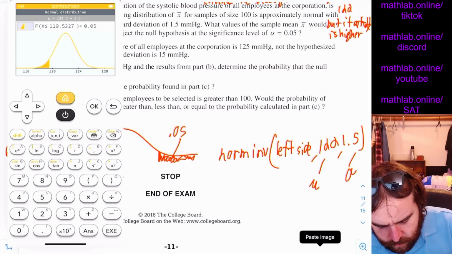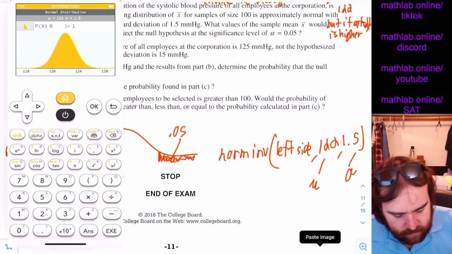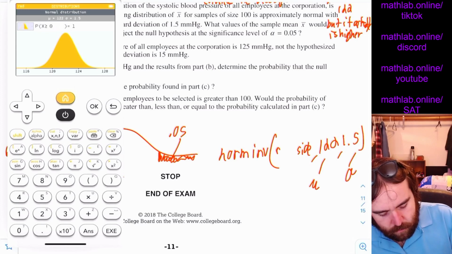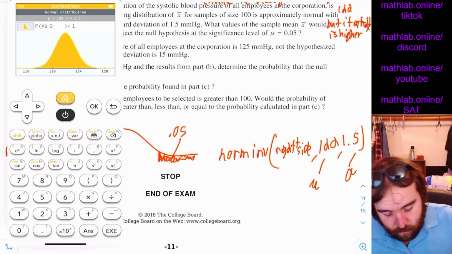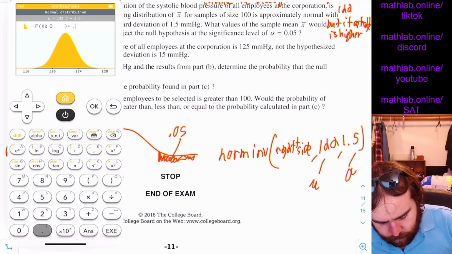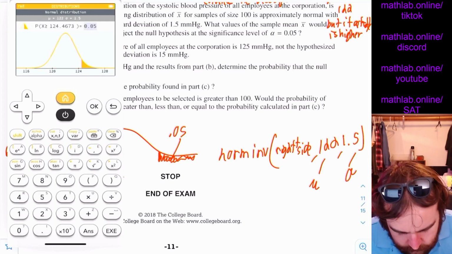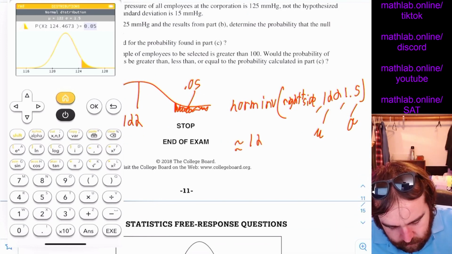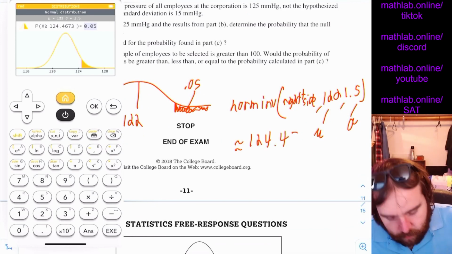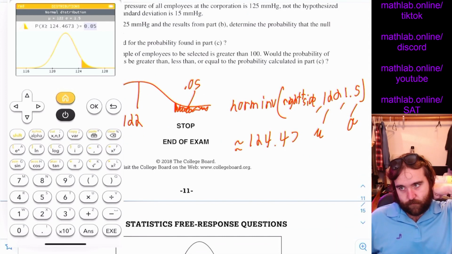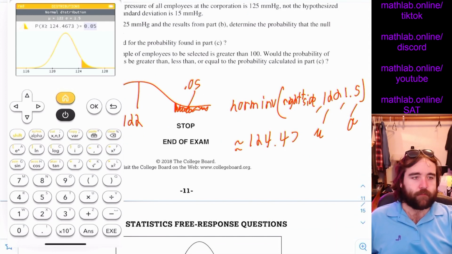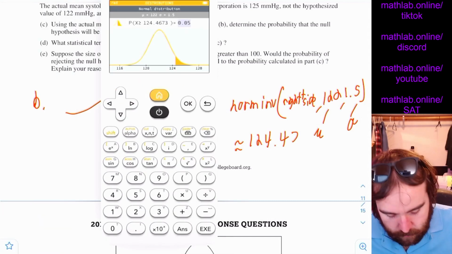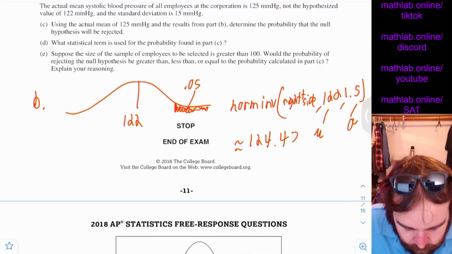Now, like I said, on the upper side, the right side. The right side, 0.05. Boom. 124 is approximately 124.47. Lovely, lovely. Do we need to really do anything more? We shouldn't have to.